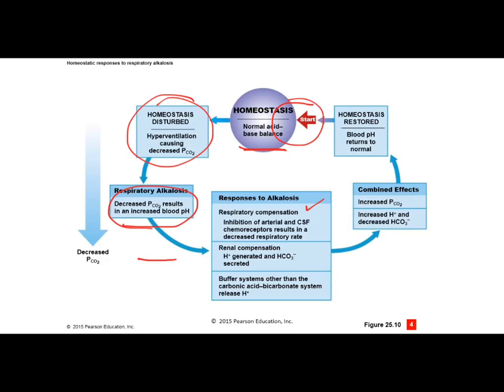Respiratory compensation by slowing down the breathing rate. Those chemoreceptors are going to get involved, and they're going to send an autonomic signal telling you to slow down your breathing if possible. The kidneys are going to start putting out more hydrogen to get rid of this. And again, between the two systems, they're going to hopefully restore homeostasis.